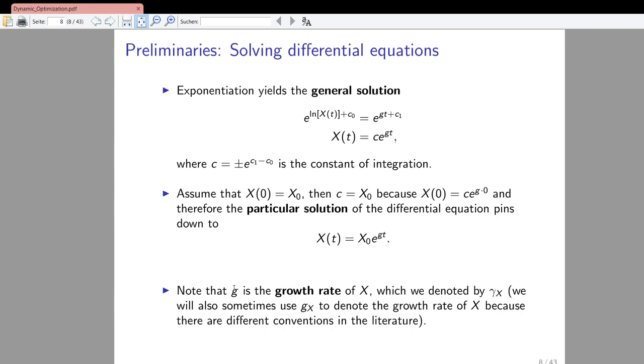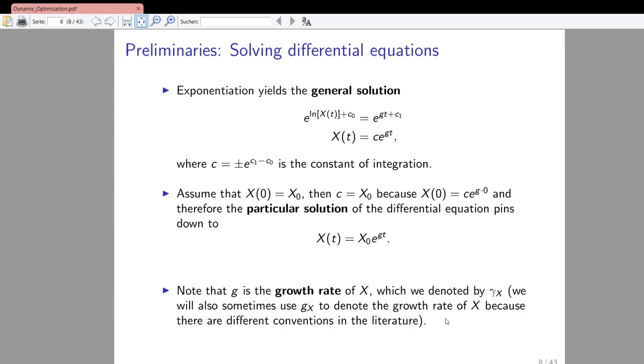Now in this case, g is the growth rate of x, which we denoted by gamma x previously. And what's important to note is that there are different conventions in the literature to denote growth rates. I think Barro and Sala-i-Martin usually use gamma, others often use g sub x, but that's just due to the different conventions in the literature.